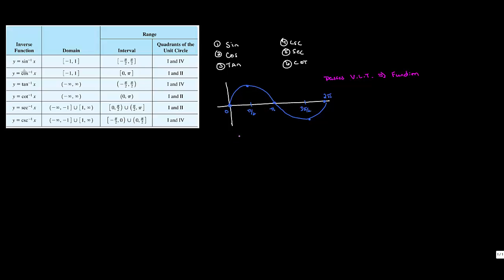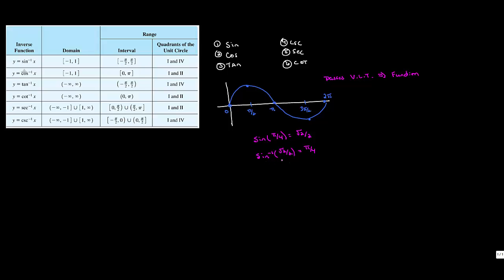So for example, is there a new function out there for which, let's say, if I asked what's the sine at pi over 4, you would tell me that's square root of 2 over 2. Is there a new function, we'll call it the inverse, such that when I enter square root of 2 over 2 into it, I get pi over 4 out?